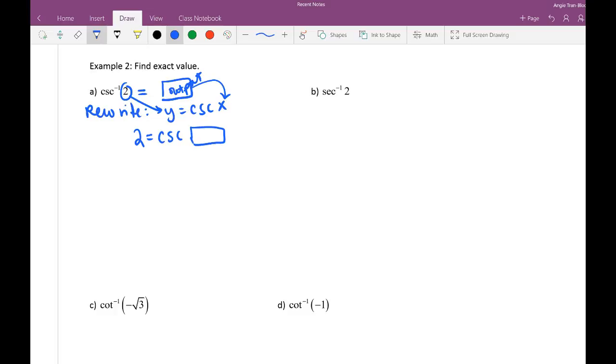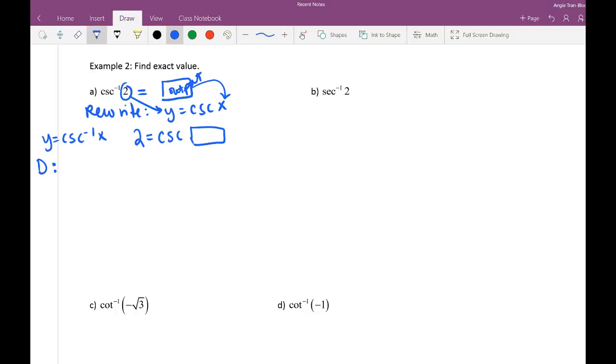Well, cosecant inverse is restricted. So let's talk about cosecant inverse. Can you tell me what the domain of cosecant inverse is? I'm going to wait a little bit. What is the domain of cosecant inverse?